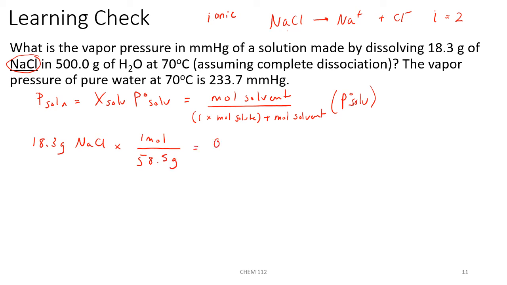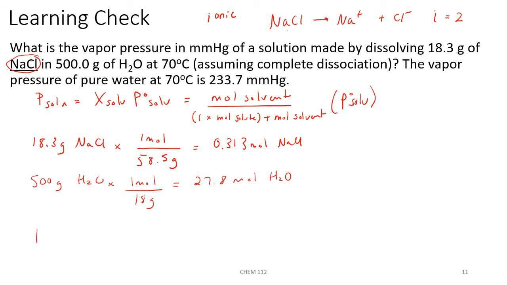That gives us 0.313 moles of sodium chloride. We have 500 grams of water. The molar mass of water is 18 grams per mole. That gives us 27.8 moles of our solvent water.